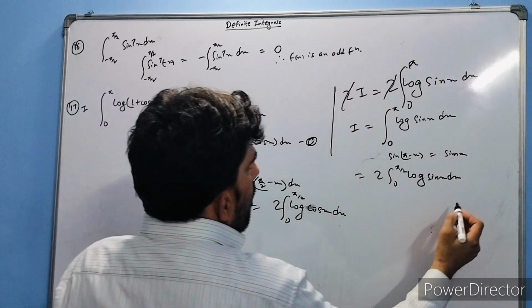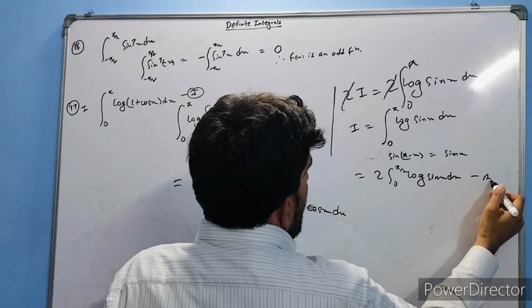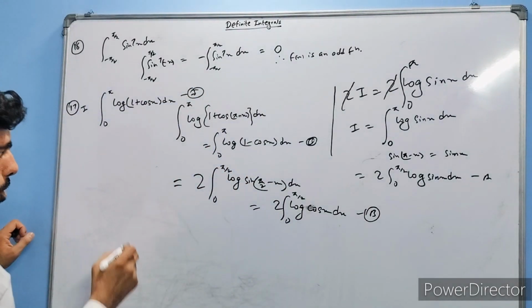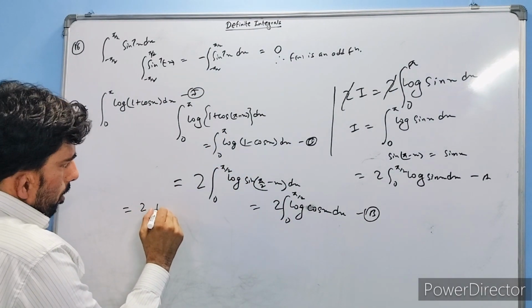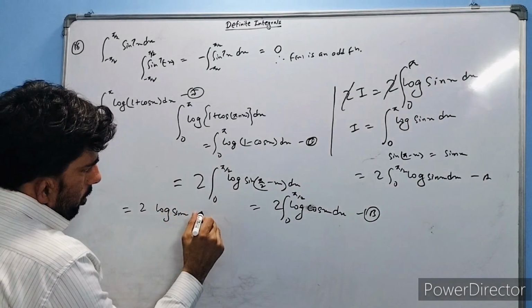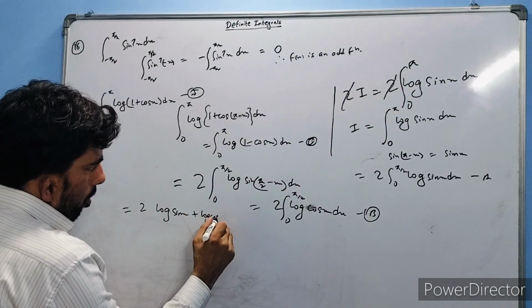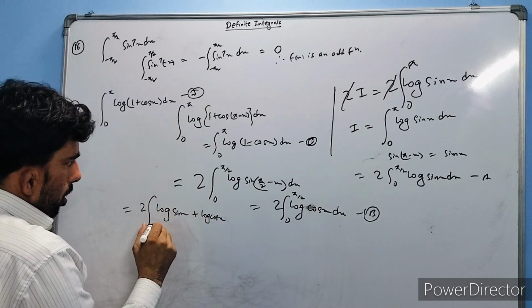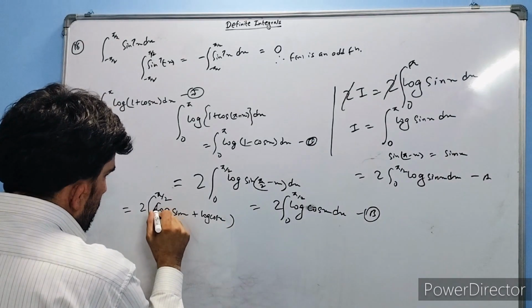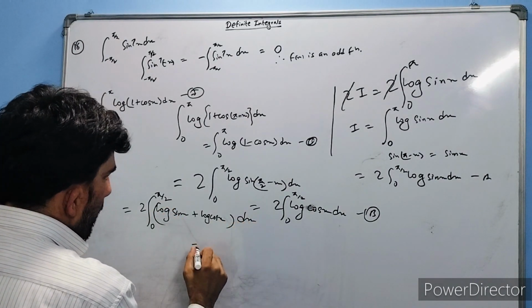Now take this as A and this as B, and adding, we get twice the integral of log sin x plus log cos x dx.